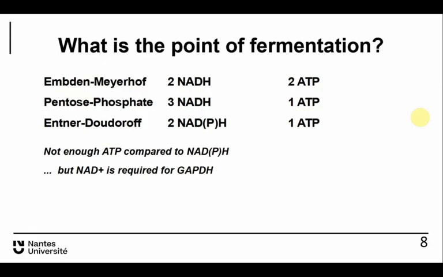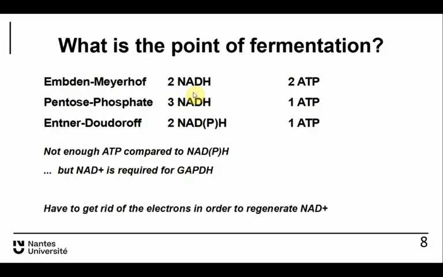So you can't just run the glycolytic pathway faster and faster, because you'll use up all the NAD plus, and then the whole thing will stop. So in order to get it to run faster, you've got to be able to recycle these reduced forms of NADH into the oxidized NAD+. So you have to get rid of the electrons that are on NADH to regenerate the NAD+. So where can you put them? Okay, you've got to get rid of them somewhere.